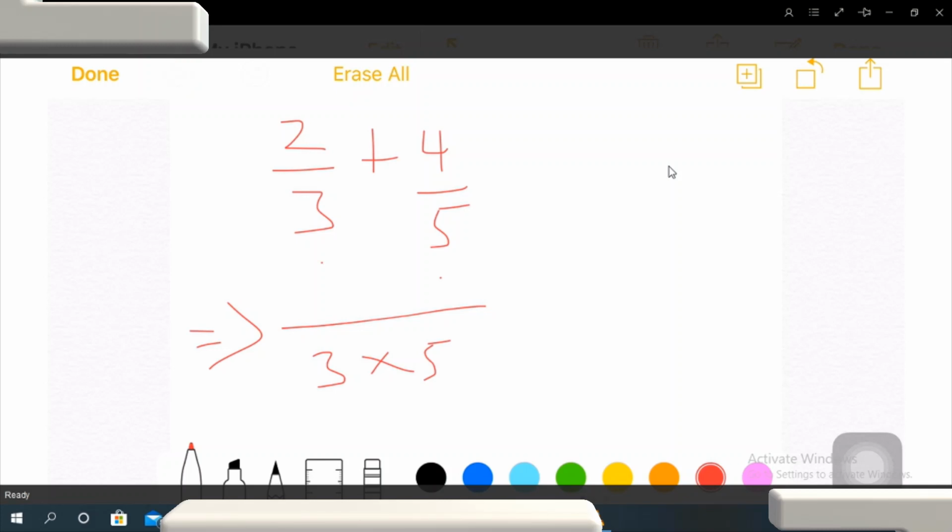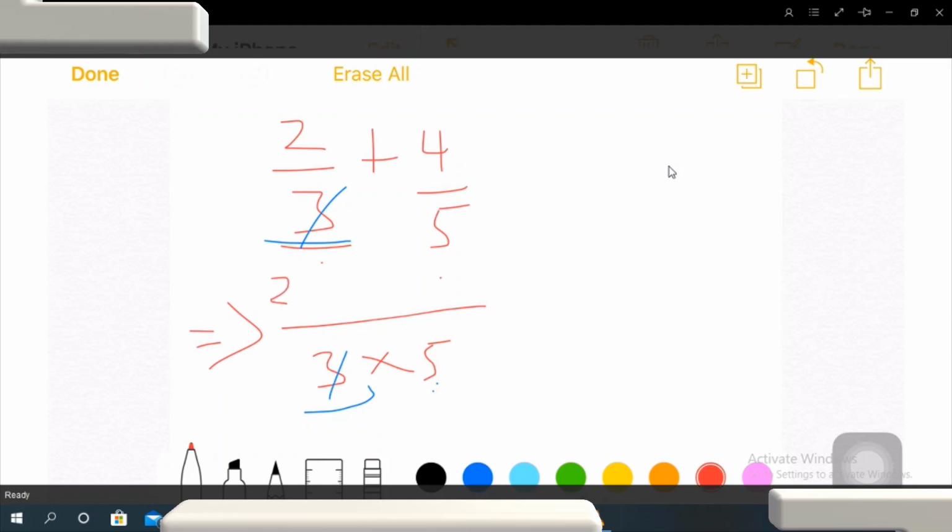After doing so, we would ask ourselves, this 3 goes into 3 times 5, 3 times. What are we left with? So we are left with 5. So this 5 will come and multiply the 2.